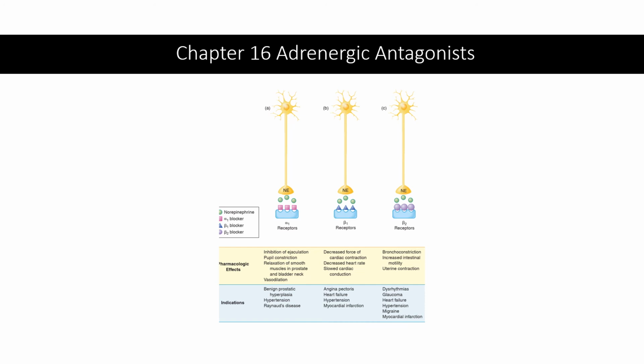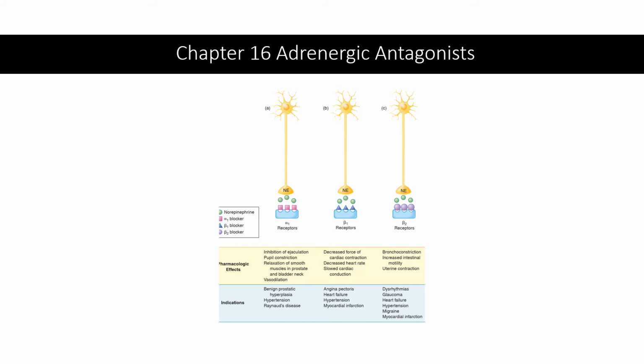What about benign prostatic hyperplasia? So a male that has a large prostate and it's very difficult to empty his bladder. And it's partly because of the valve at the top of the prostate. So that valve tightens and closes even more if it's stimulated by an alpha agonist.